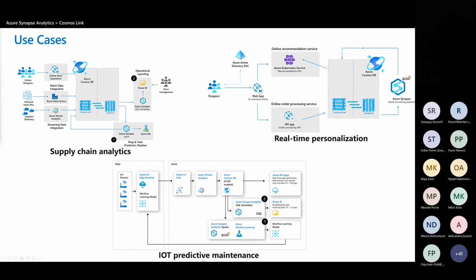Same thing for predictive maintenance with IoT. You can use Synapse Link there as well. As you pull the data from different IoT devices into your Cosmos DB, you can use Synapse Link to pull the data into Synapse Analytics and run analytics on top of that.